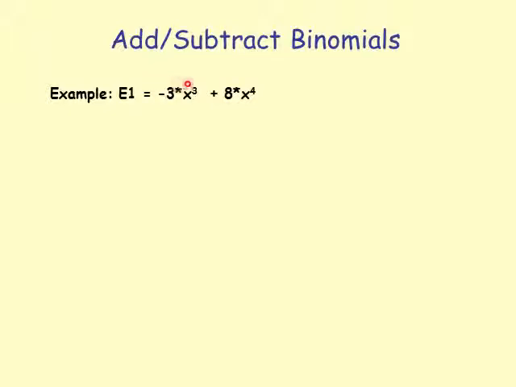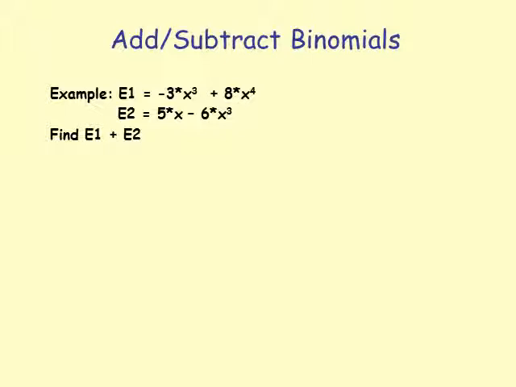One is minus 3 times x cubed, another is 8 times x to the power 4. And E2 is 5 times x, one monomial, and another one is minus 6 times x cubed. So E1 has two terms and E2 has two terms. We call them binomials.